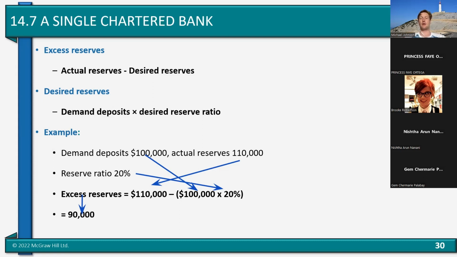Cash doesn't earn anything; it just sits there. You would rather invest it or lend it to earn interest. So that's really important. You want to make sure that cash is lent out or invested.